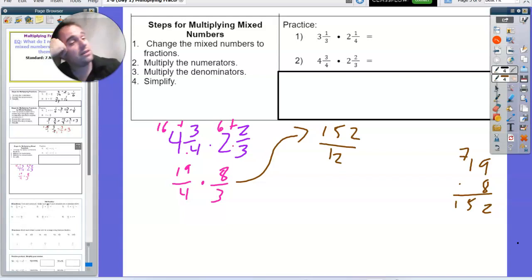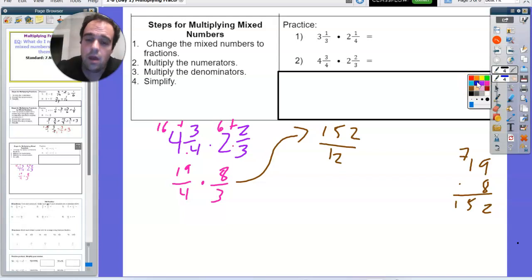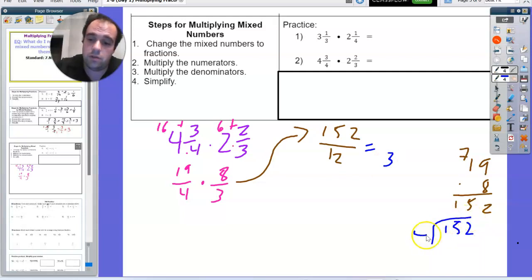This would have been a great time to do some of that cross-canceling action. Really, really, really good idea. But we'll hold that for now. We're going to divide both of these by 4. That should work. I know that because math brain, because I know 152 can be divided by 4. So divide this by 4, you should get 3. 152 divided by 4, don't want to make a mistake, so let's just do it out.